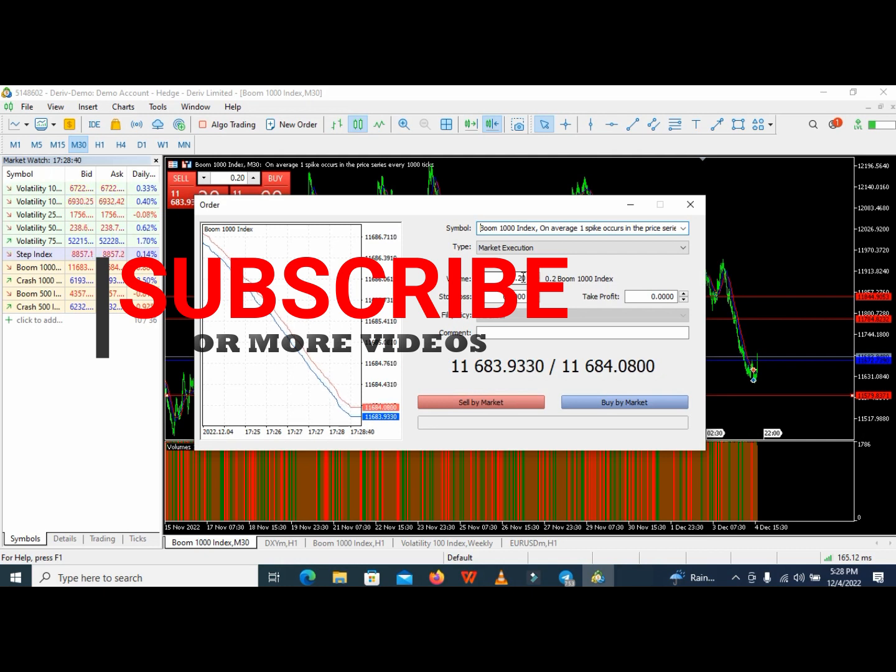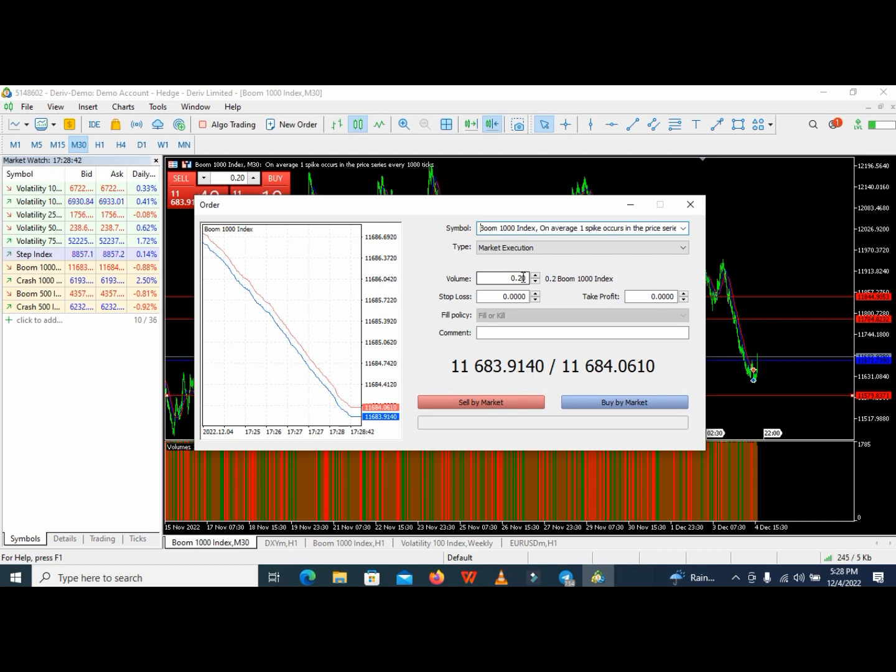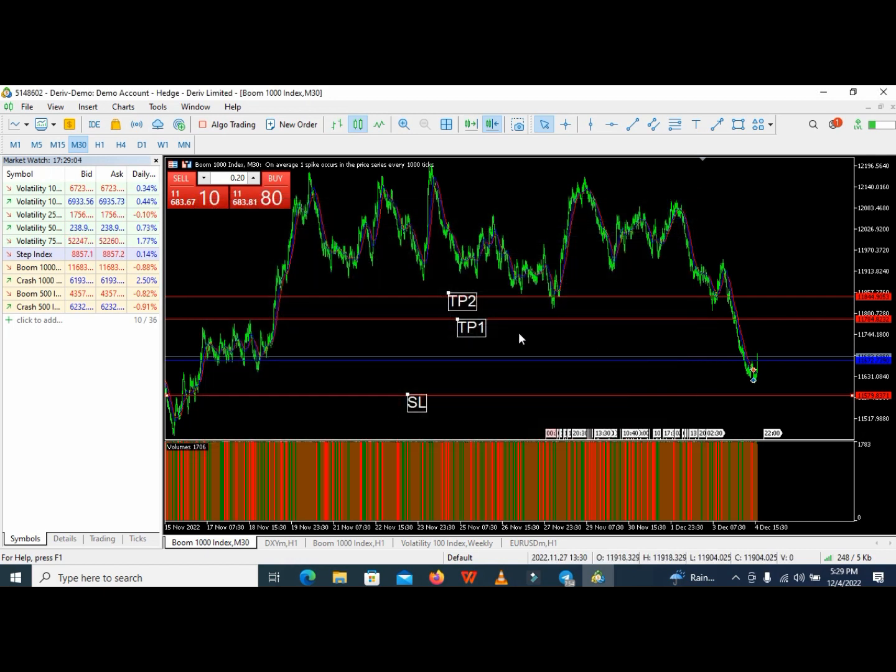But this is volatility. Then if you are buying, you click on buy. If you are selling, you click on sell. Then you move on. Yes.